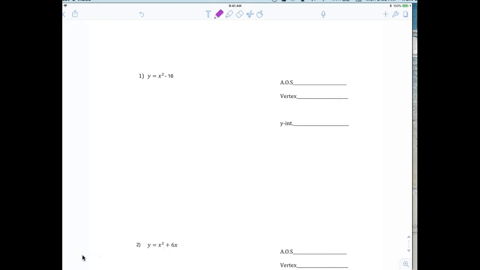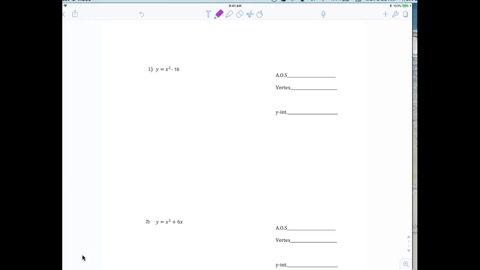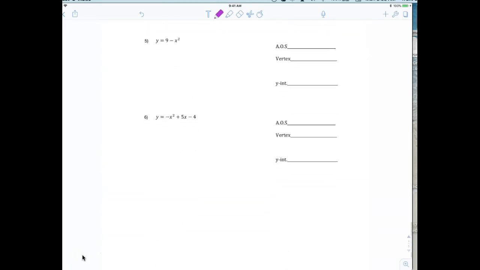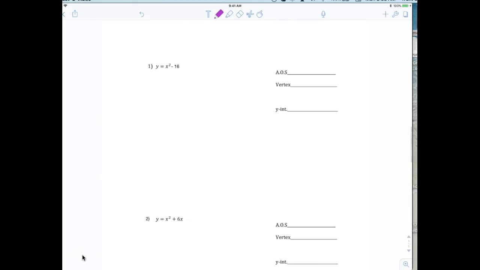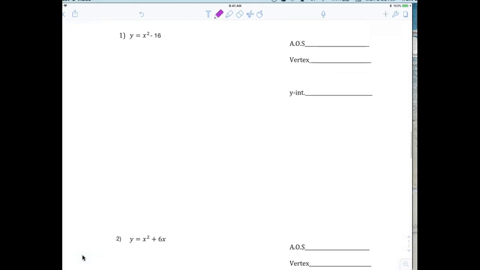So that's what this is right here. This is kind of a review of graphing quadratics. I would like for you to take a look at these and see if you remember anything that we've done from the past. We're going to take a look now at question number 1 to refresh your memory.